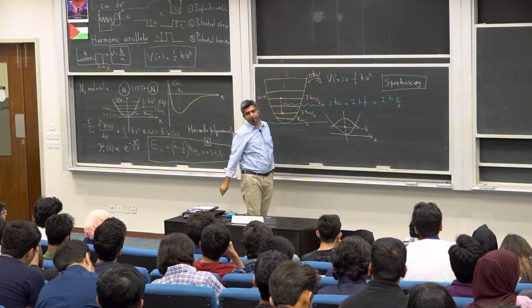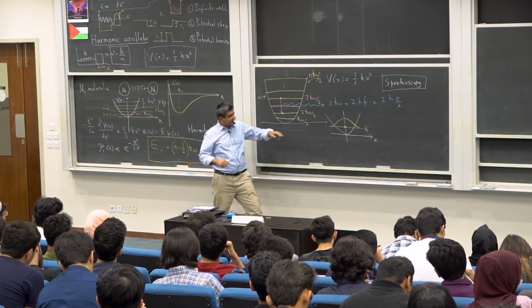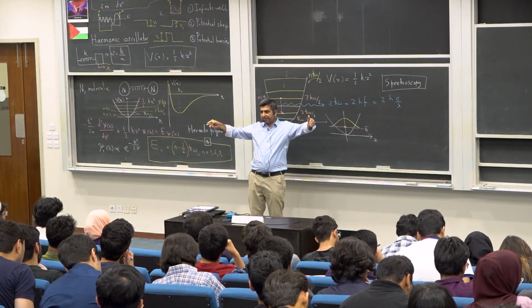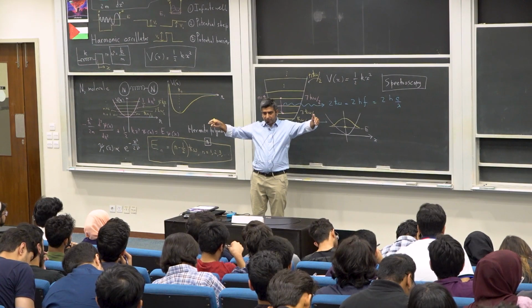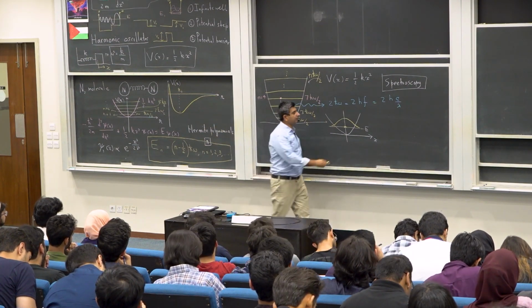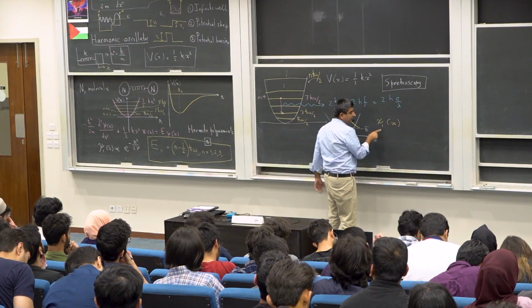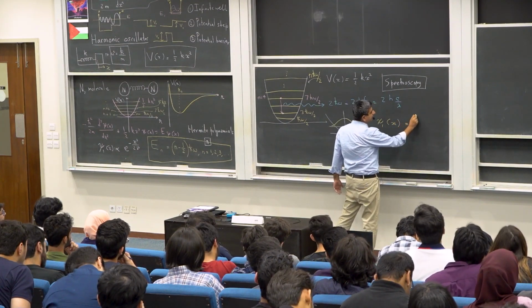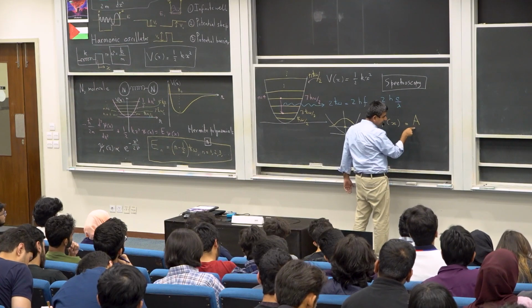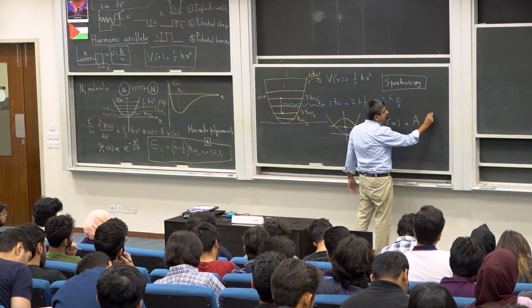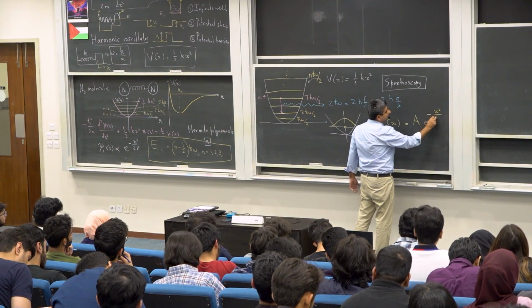It's not a sine wave, it's like a decaying exponential but with an x square. Okay, this is a plot of psi 1 of x with n equals 1. This is some constant, normalization can give you this constant, times e to the minus x square over 2b square.